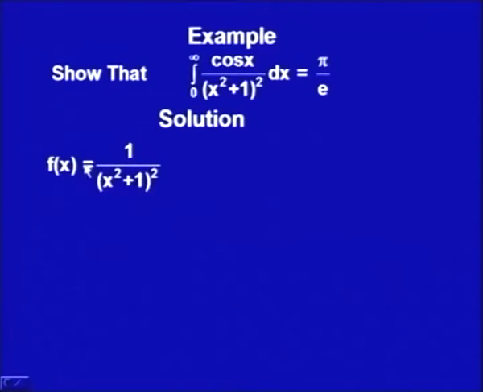Of course, we can say this is a rational function of the form p(x) upon q(x), where p(x) is a constant, so it is a polynomial of degree 0. The denominator q(x) is (x square plus 1) whole square. Certainly, it is also a polynomial, whose degree is 4. So f(x) is the ratio of two polynomials.